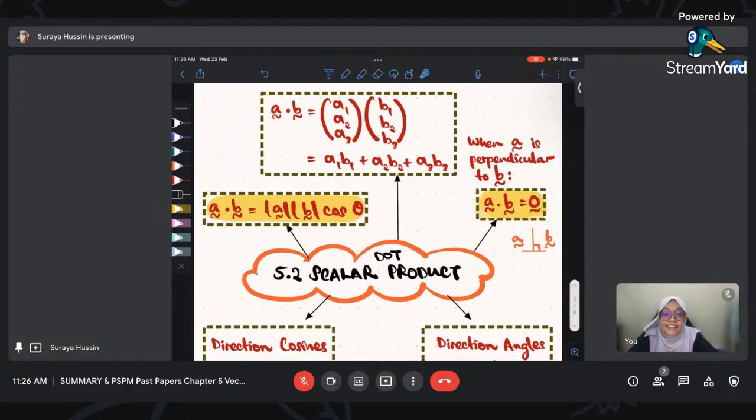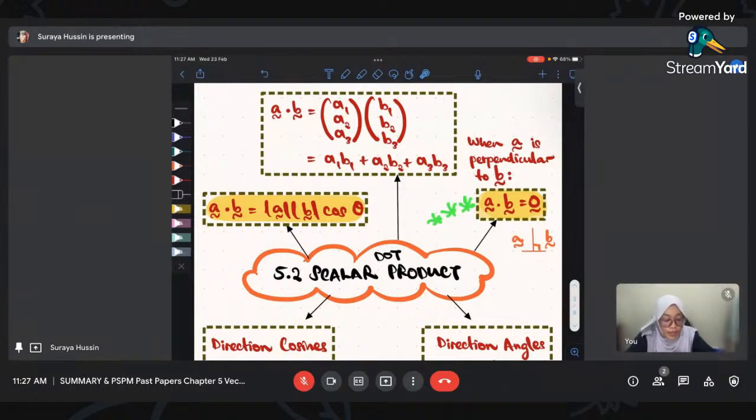Faham ke everybody? Because dia yang kata A is perpendicular to B, vector B. So the angle must be 90 degree. When the angle is cos 90 degree, you get 0. So A dot B is equals to 0 when A vector is perpendicular to B vector. Ini penting ya, you kena highlight benda ni. It's always going out in exam.